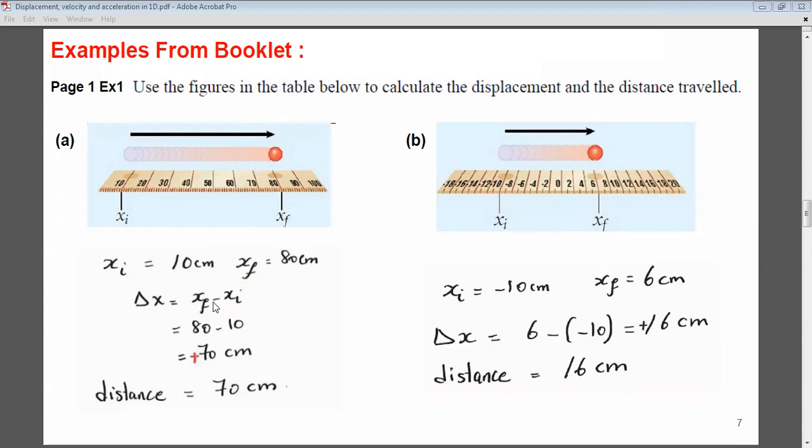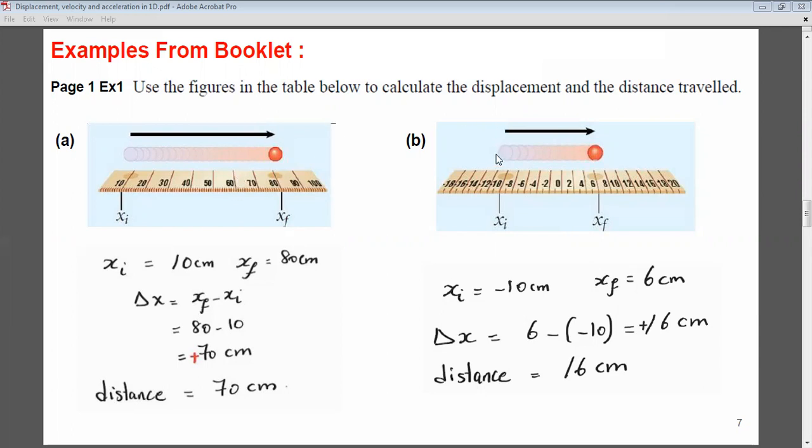So displacement equals 80 minus 10 equals 70 centimeters. And because it's with the positive x-axis, it is plus 70. Actually, 70 or plus 70 is the same. Now, how much is the distance? It's exactly the same as the displacement.